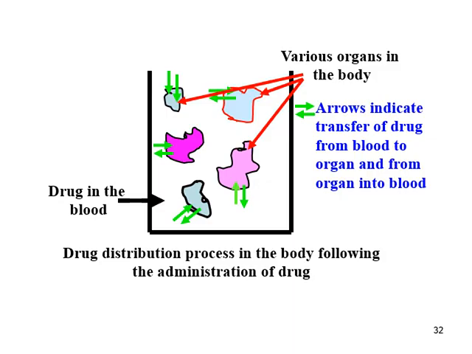If you look at the drug in the blood, you will see the drug distribution process in the body following the administration of drug. And then of course the drug goes from the blood to the organ, and also from the organ to the blood.